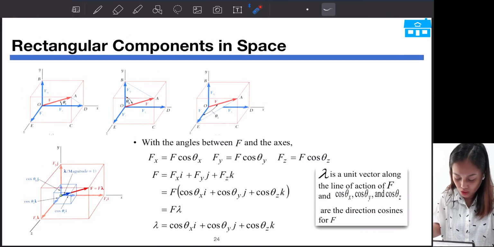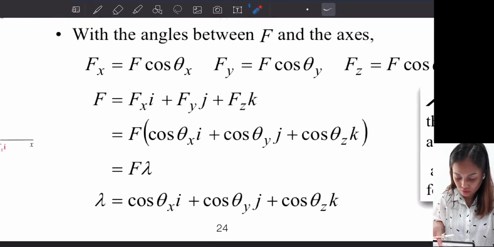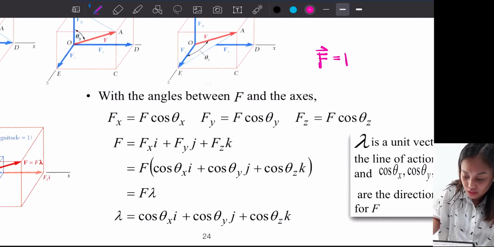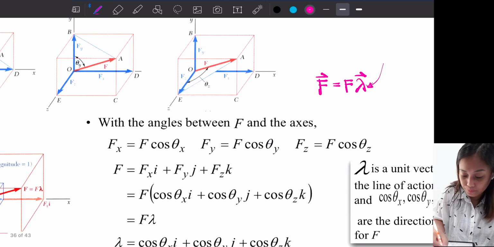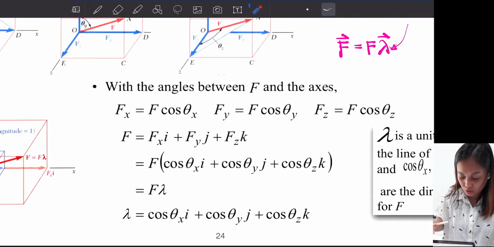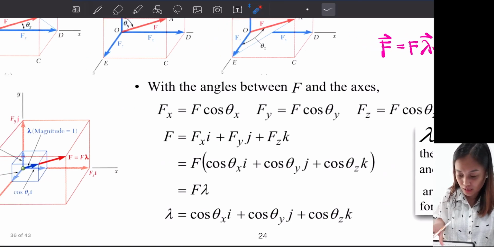Then force F. The equation for vector force F is equal to its scalar value times vector lambda. Lambda is the symbol, and it is a vector. Its equation is lambda equals cosine theta x i plus cosine theta y j plus cosine theta z k.